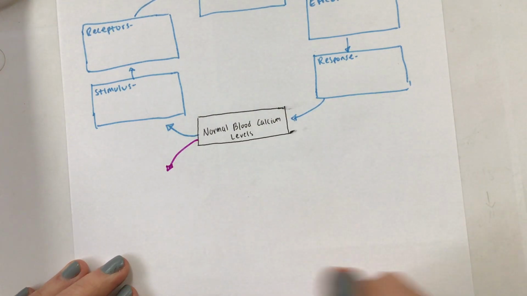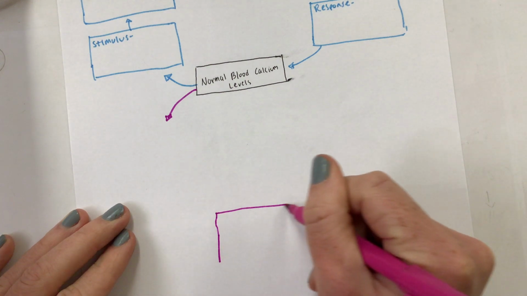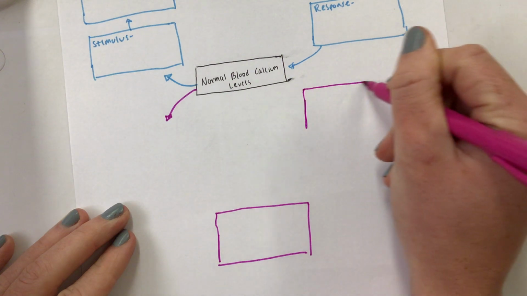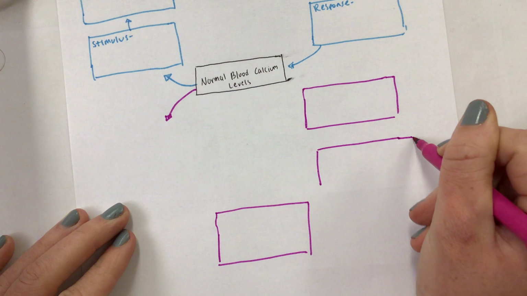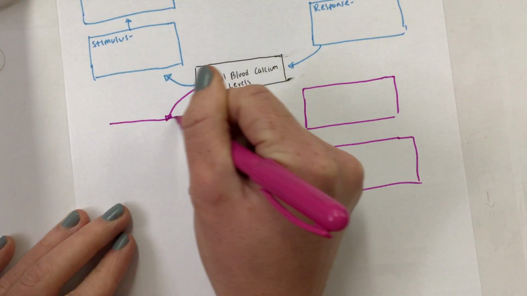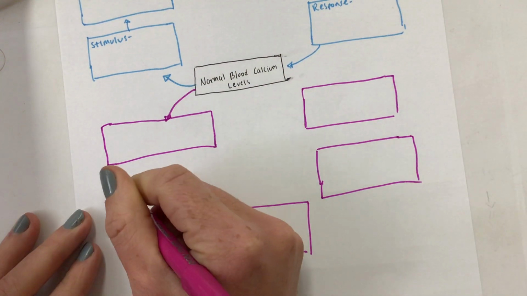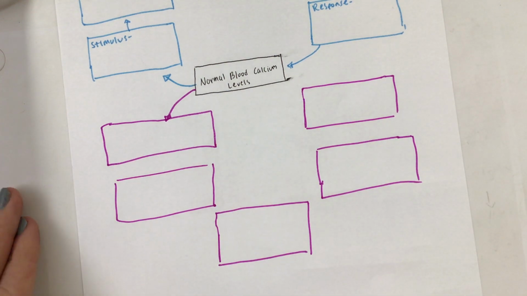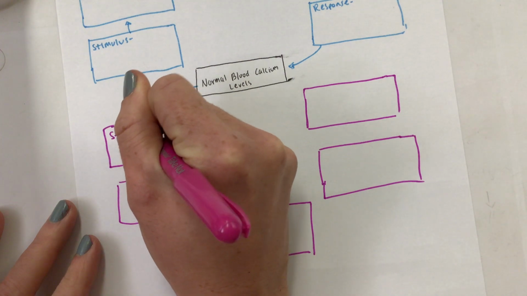So I should probably draw the boxes first again. So again, we're going to have 1 down the bottom and 2 on each side. Well, these are a little lopsided. Okay, and again, we're going to walk through that same loop where we have the stimulus, some kind of a change.